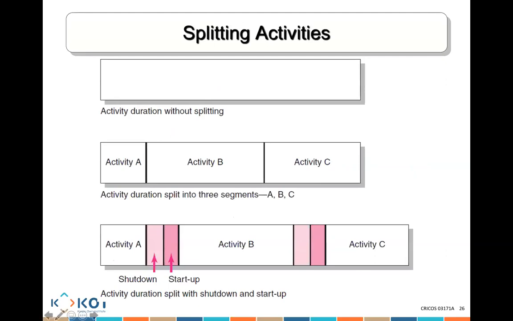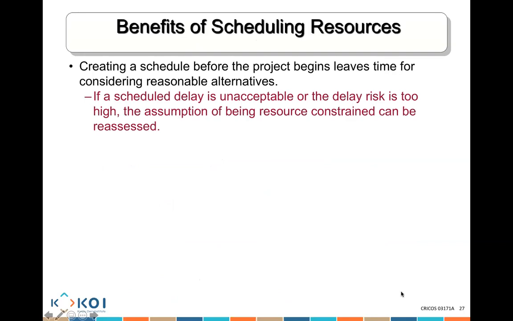If there's going to be a big shutdown time and restart time, activities might start taking much longer. Why? Because every time I stop, there's a shutdown. Every time I restart, there's a startup. Then shut down, then start up, and my project will take much longer to complete.